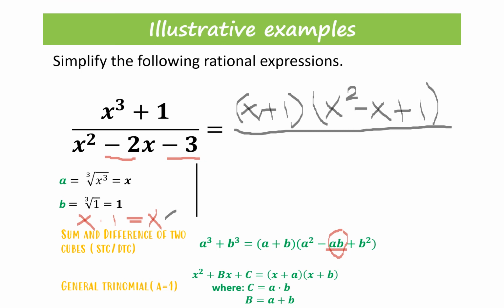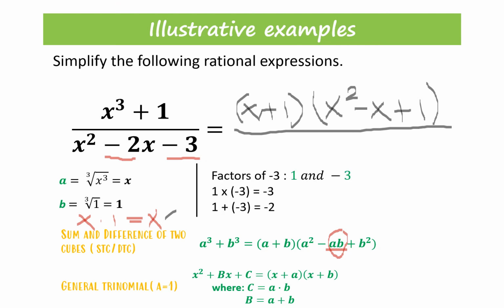So, next is the denominator. Ano kayang factor ng negative 3 na pag pinag-add mo ay negative 2? So, negative ang sign ng ating middle term. So, ibig sabihin, ang higher number or ang higher factor should be negative. Magkaibang sign siya kasi negative ang ating last term.